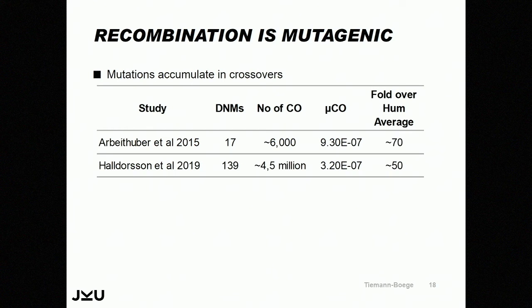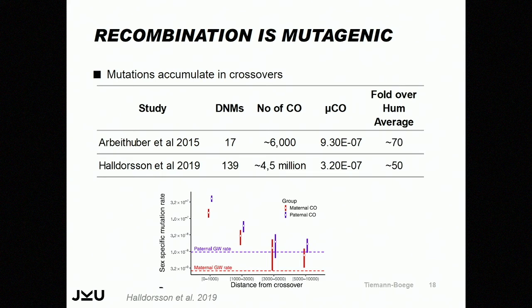Now, the deCODE group decided to do a similar study. Of course, they have very different scales of data. They didn't look at 6,000 crossovers, but 4.5 million crossovers, and found 139 de novos associated with these crossovers. The nice thing is that they got about the same answer, that the increase in mutation frequency is around 50-fold higher than the genome average.